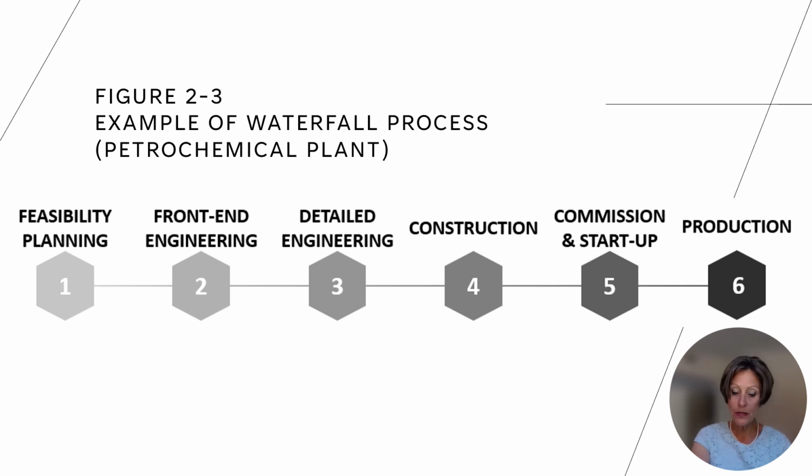The waterfall process indicates that the project starts with feasibility planning and then moves to front-end engineering, detailed engineering, construction, commissioning, and startup, and ends with normal production. These phases are shown in Figure 2-3, as on the screen right now.